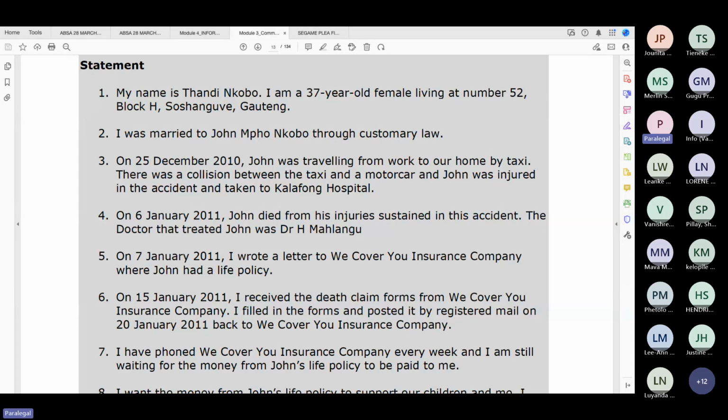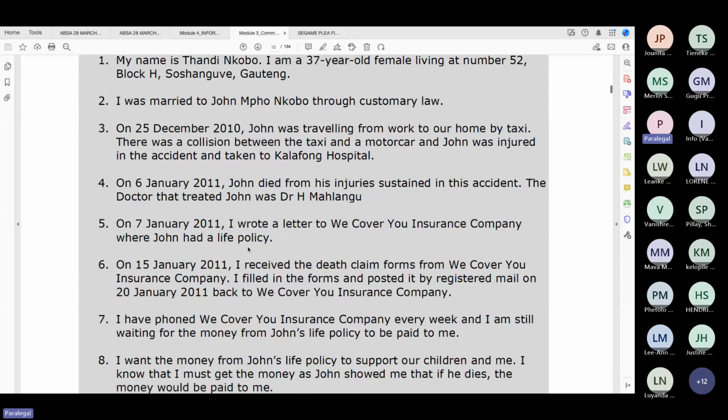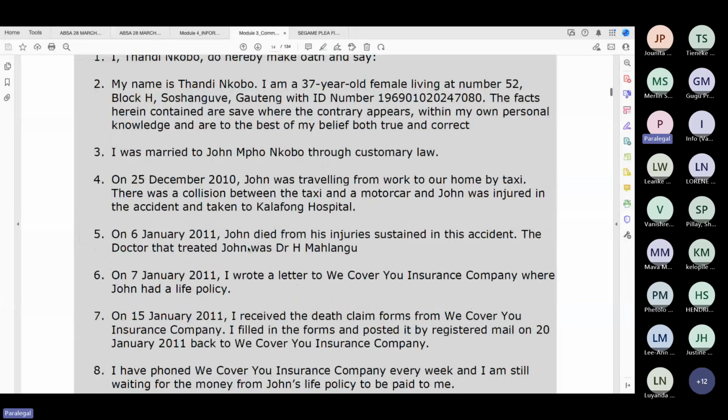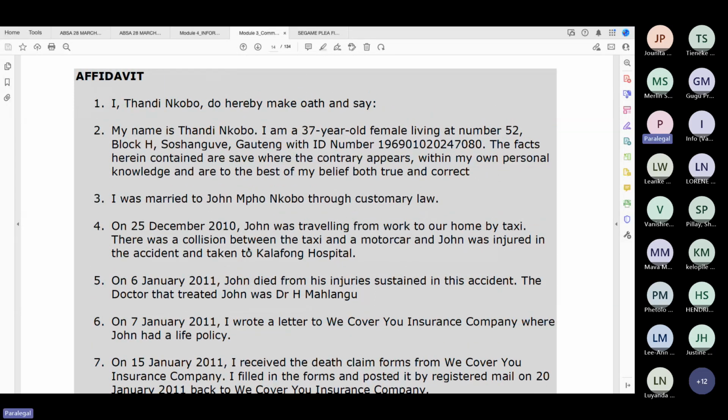And that helps us to write a statement, but this statement, we will later convert into an affidavit. These types of questions are commonly known as open-ended questions. They allow another person to speak. So you ask them, you let them speak. And when they speak, they'll help you with the details.